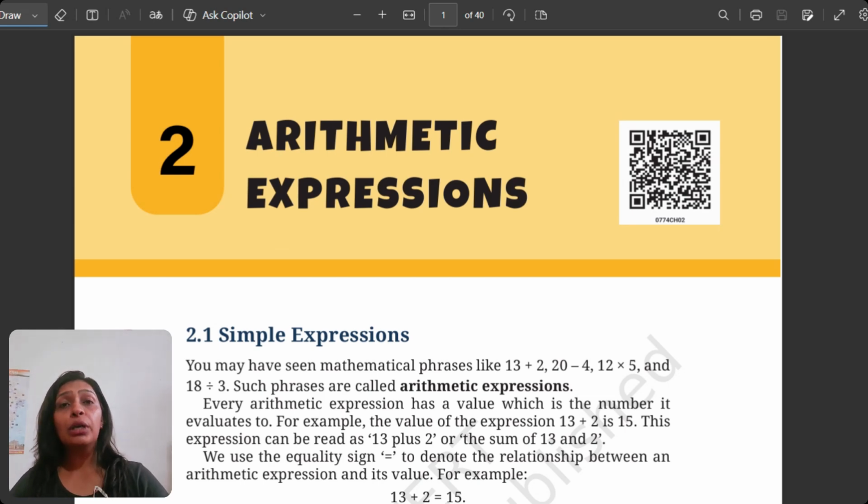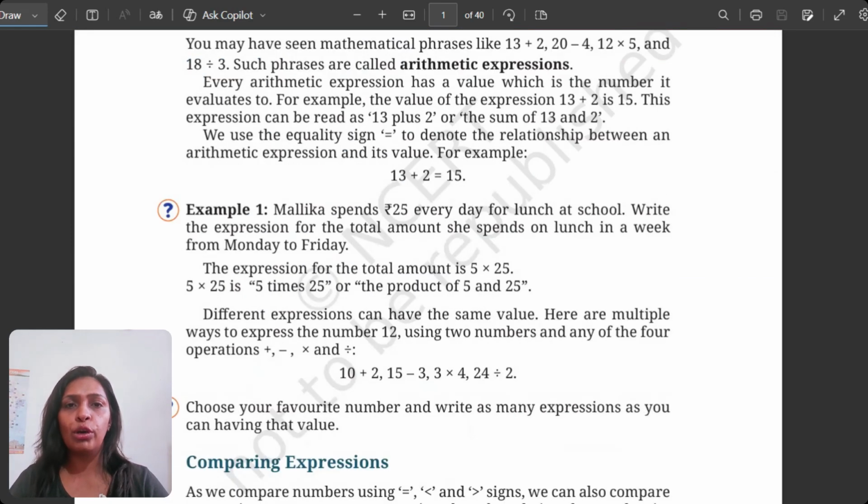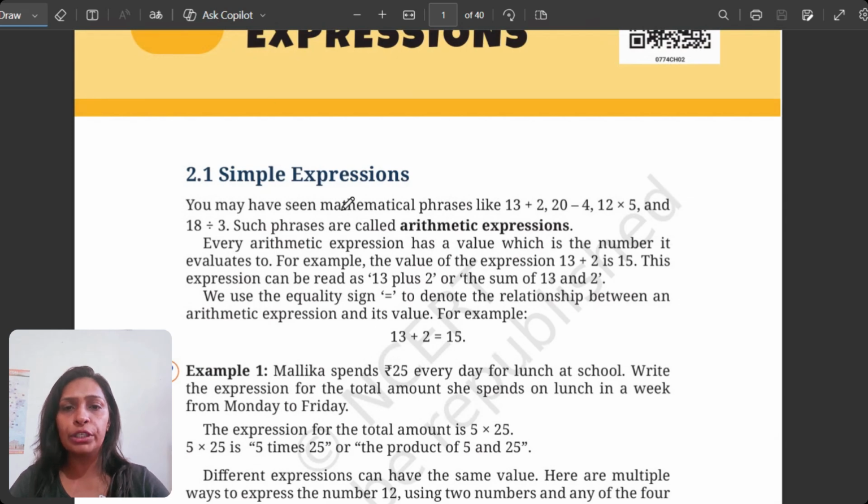What we are going to cover in this chapter is how to solve the values of arithmetic expressions. We are going to understand how to solve word problems as well. So let's begin. The first topic is simple expressions. What are arithmetic expressions? I've already told you. Here are certain examples.